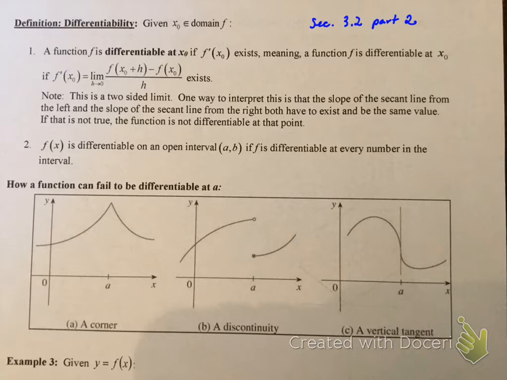Okay, so basically if you have a slope of that function, then it exists. Okay, so this is a two-sided limit. One way to interpret this is that the slope of the secant line from the left and the slope of the secant line from the right both have to exist and be the same value.